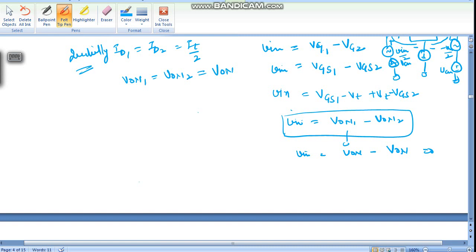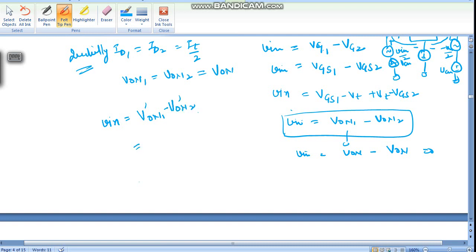current will steer fully? We have already found this Vin equation. So new Vin equals, for fully steering current from one device to another, new VON1 dash minus old VON2 dash.